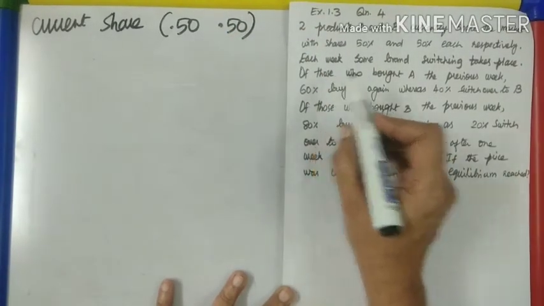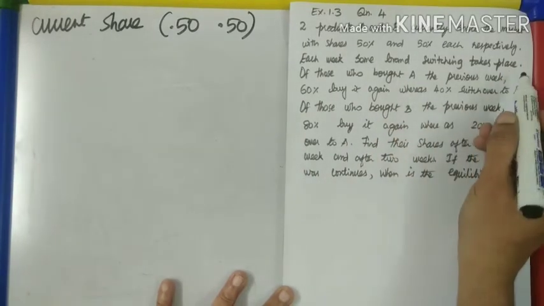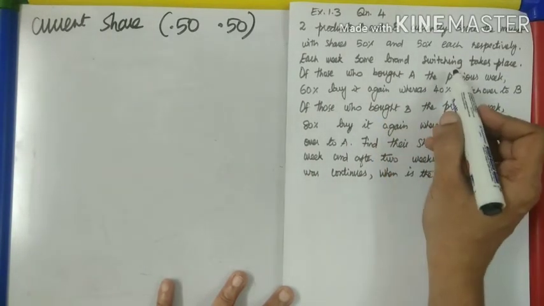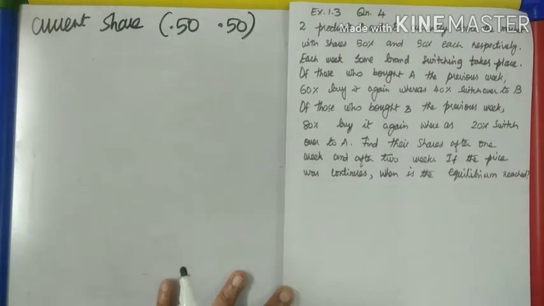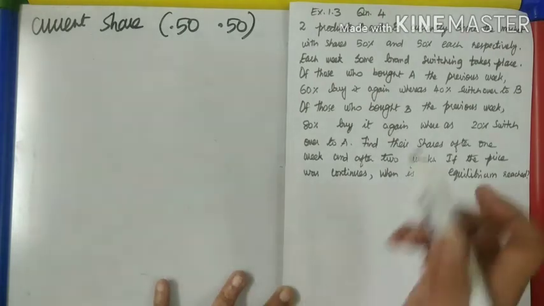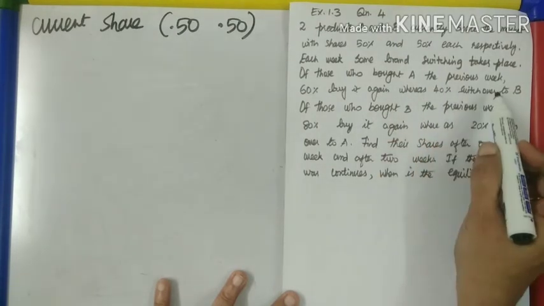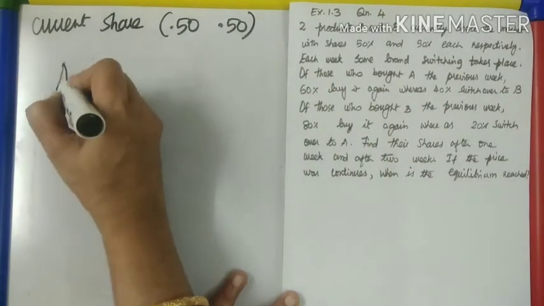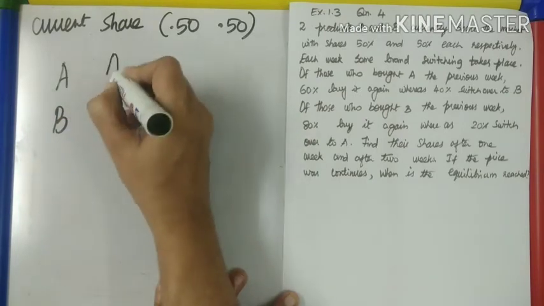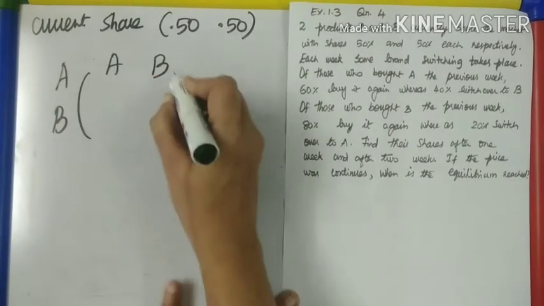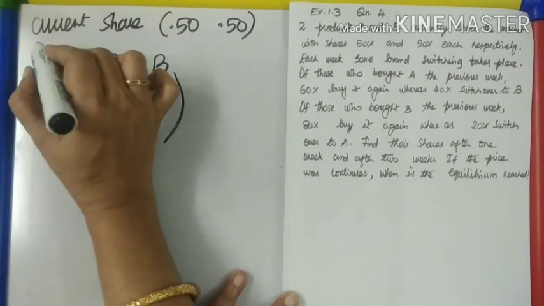Each week some branch switching takes place. Branch switching says A to B, B to A or A to A, B to B itself. Of those who bought A the previous week. So we are going to write the transition matrix. So let us remember this we call what?